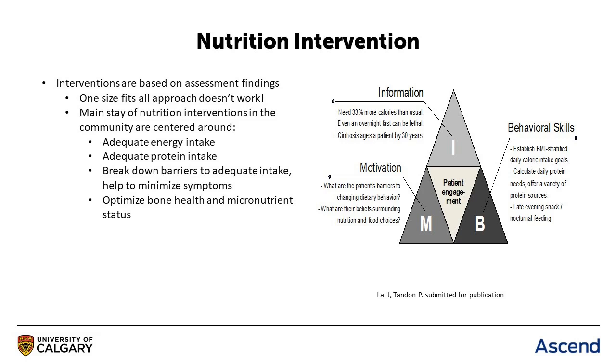So, of course, if I start speaking to a vegetarian about eating chicken 3 times a day, that's not going to be very sensitive. And then behavioral skills, establishing BMI stratified, daily caloric intake goals, which I will demonstrate, and Dr. Tandon will demonstrate as well. And then calculate their daily protein requirements and more of that prescriptive late-night snack option to discuss.